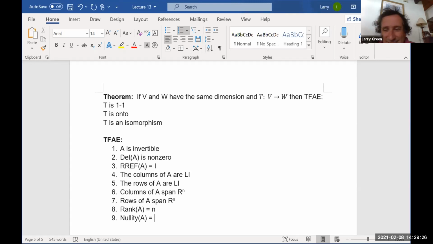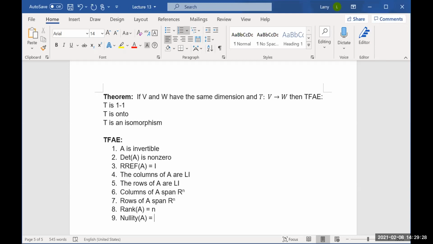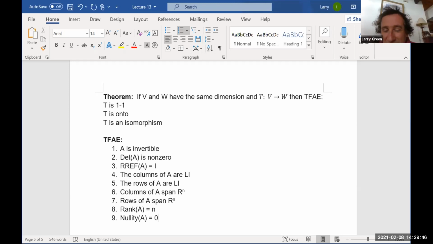Maybe a kindergartner. Positive? No. It's 0. Because remember, that's the dimension of the null space.